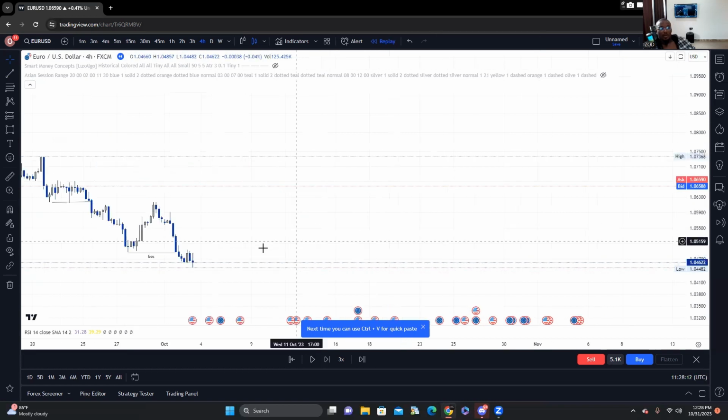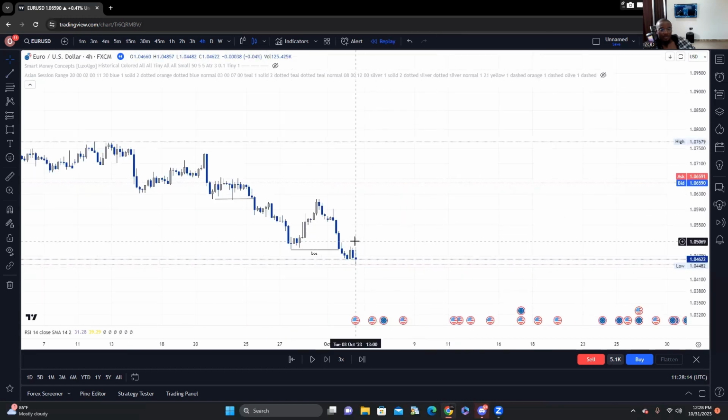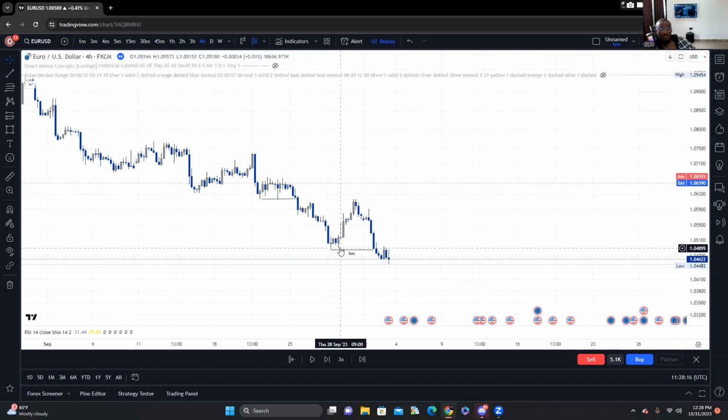Our expectational order flow still remains bearish. Why? Because we see that this high has taken out this low. So we are expecting the market to come back up here or somewhere around here and take out this new low to put in a new lower low.